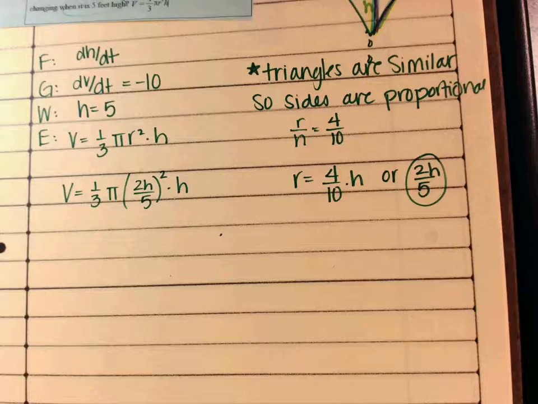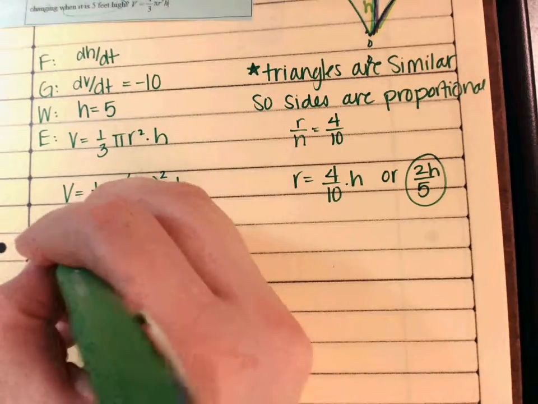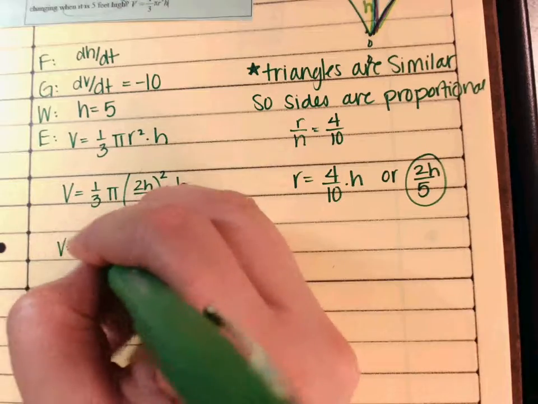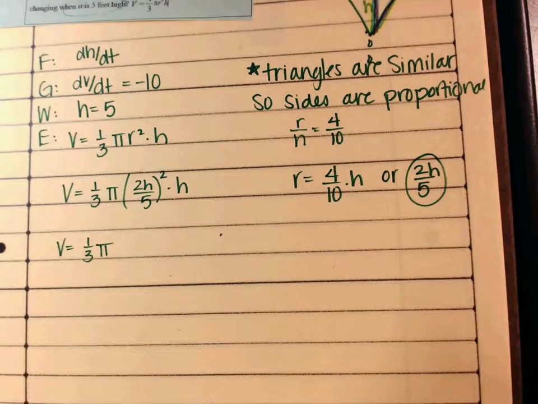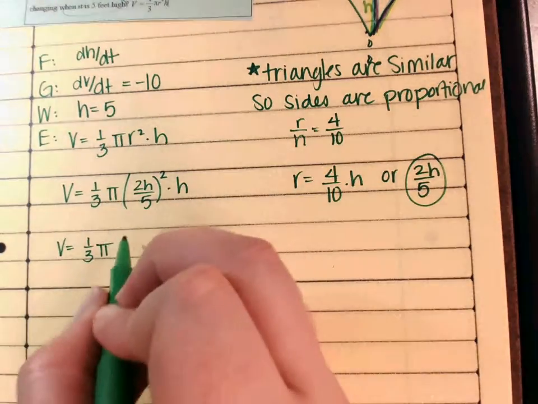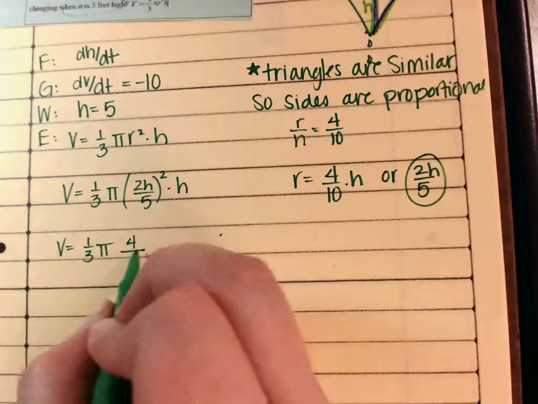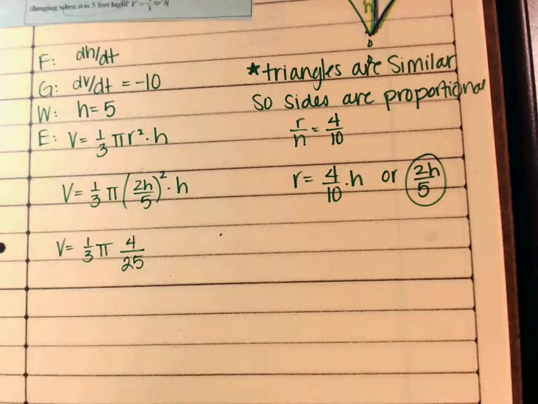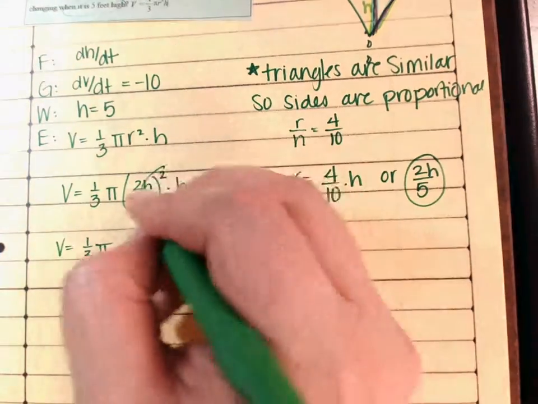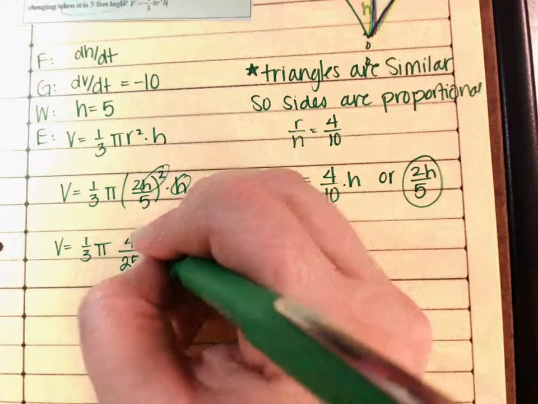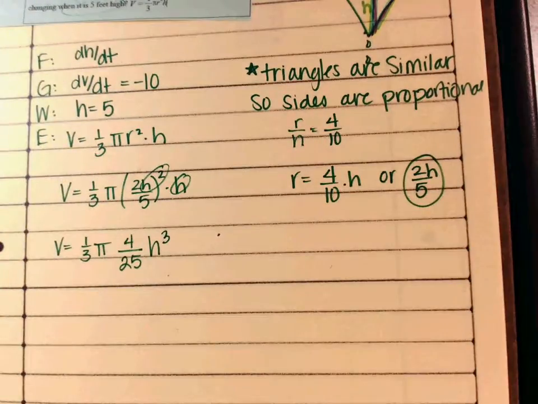Then from there, I'm going to simplify, then take the derivative. So my simplified version, I'm going to leave the 1/3. What is 2 squared on top? 4. What's 5 squared on bottom? 25. Then I have an H squared times another H, so that's an H cubed.